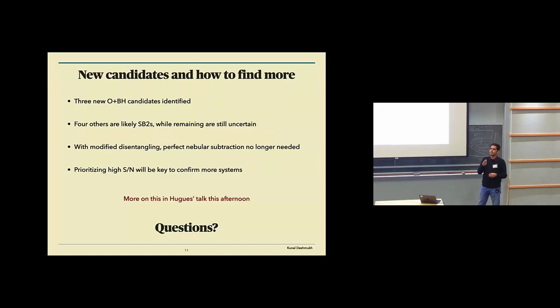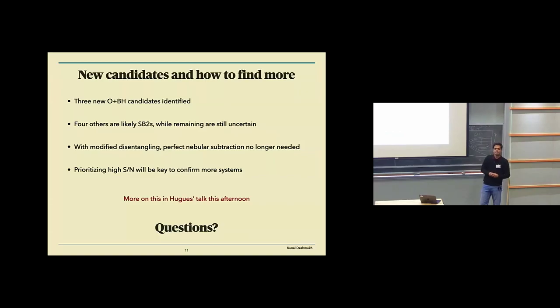We still get a signature of its presence, but we cannot constrain the velocity, so it's not easy to constrain the mass. We can still constrain some things based on the flux ratio that we can recover. That is something we will do for the SB2s that we find. I think Tomer also did this in his paper characterizing SB2s, so we want to do something similar.